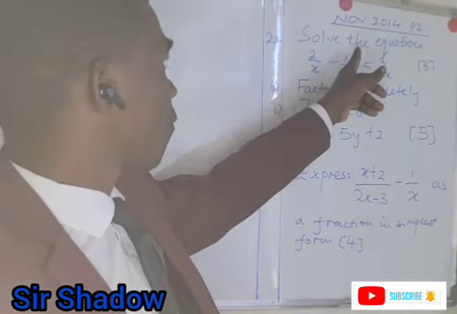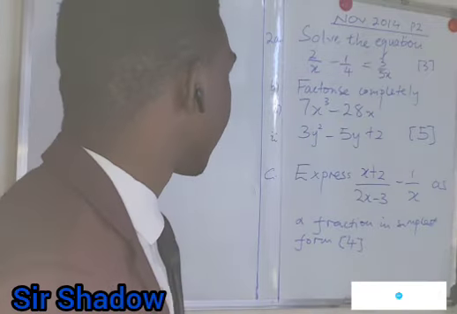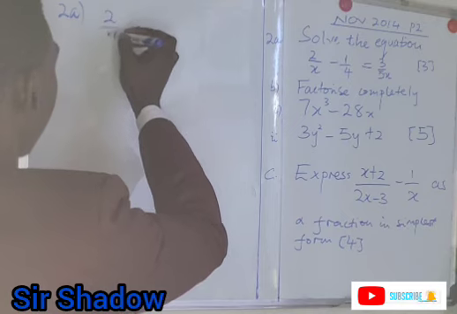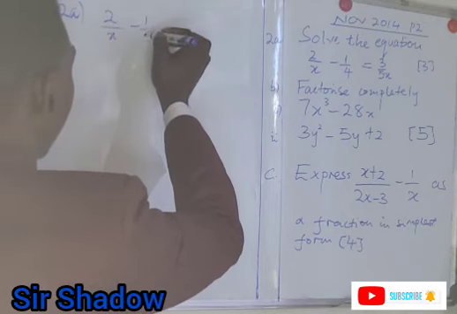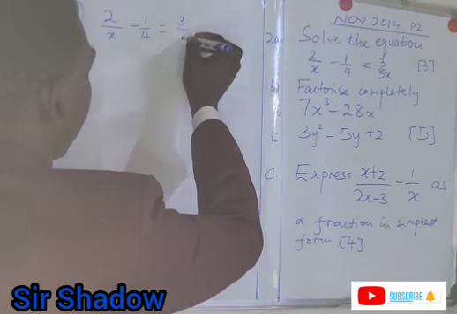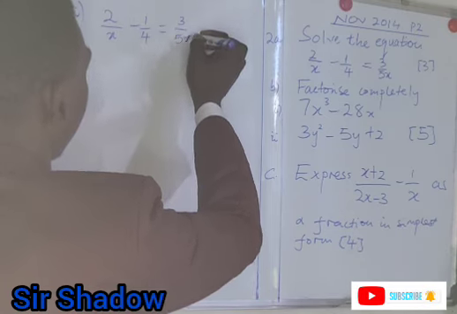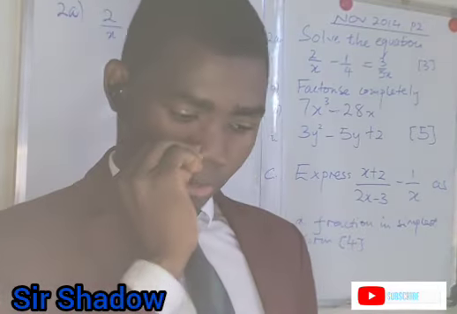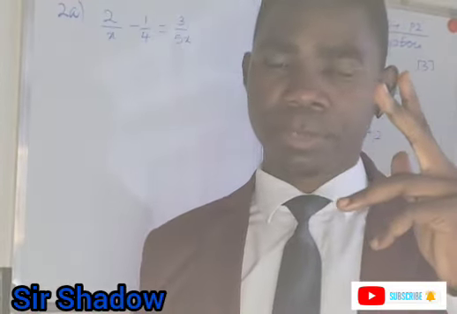We are asked to solve the equation 2 over x minus 1 over 4. Right, so for us to solve this question, we have to apply two concepts.